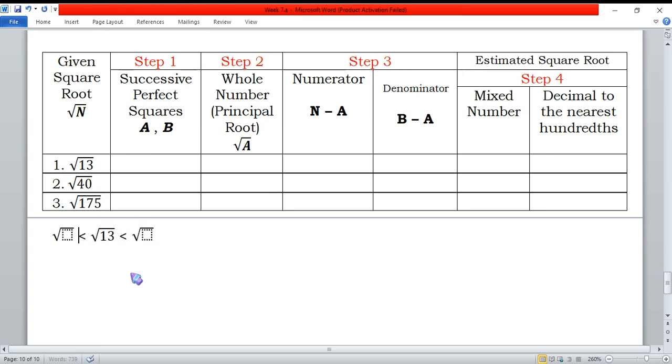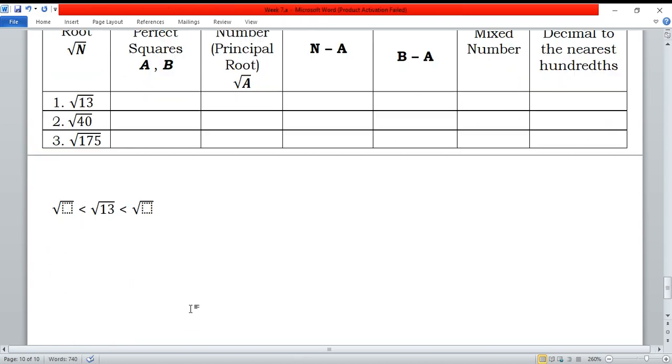Ano kaya yung nandito sa kanan ng square root of 13 na perfect square, para i-represent niya yung A?